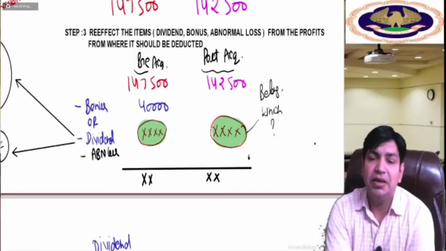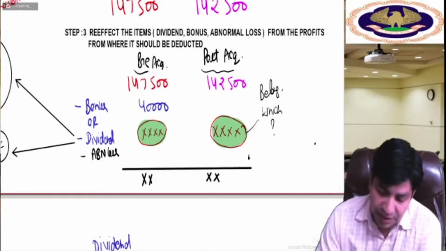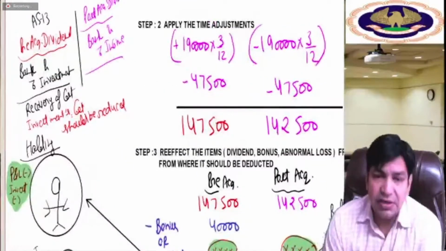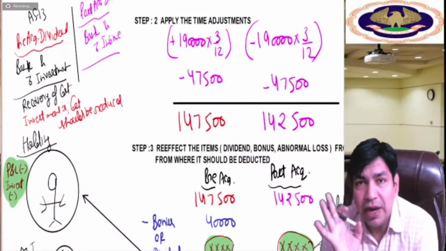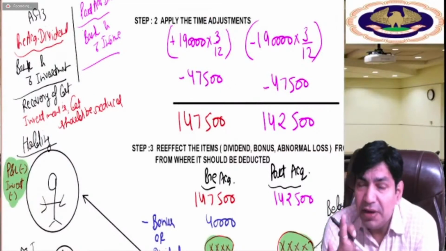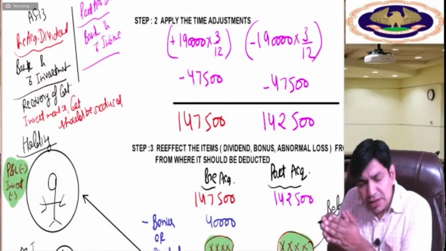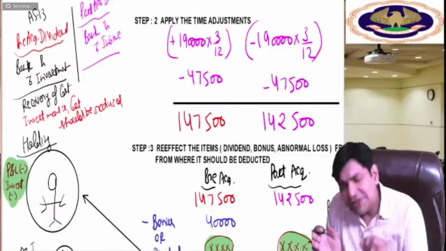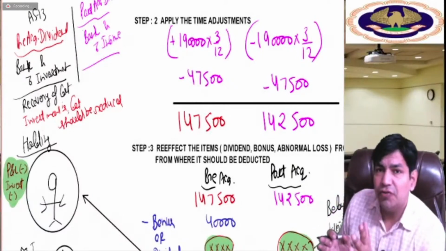Also, one thing I discussed with you, that the other side of dividend is the receiver side. In case of the receiver side, what I told you at the end of the lecture, I told you to revise at least the last 15 minutes of the lecture from YouTube. If it was pre-acquisition dividend, then as per AS 13, in the standalone financial statement of the holding company, the investment account must be adjusted for pre-acquisition dividend, that is the recovery of cost.